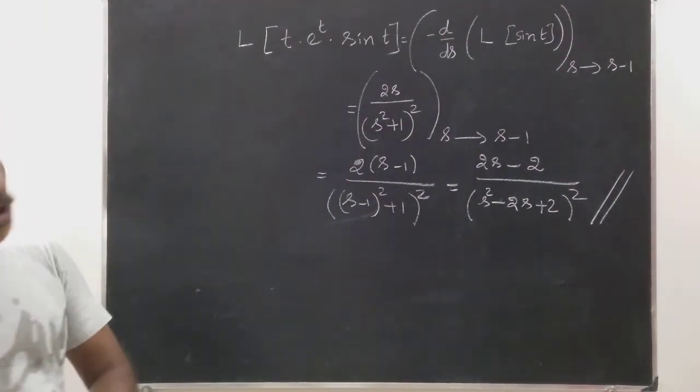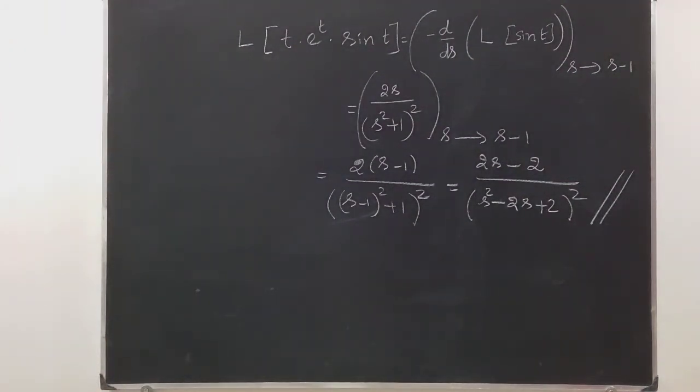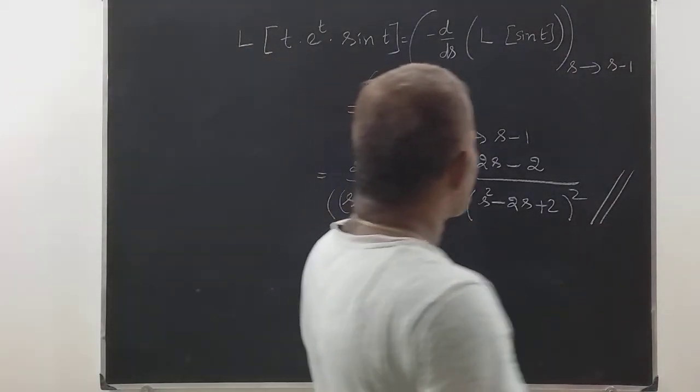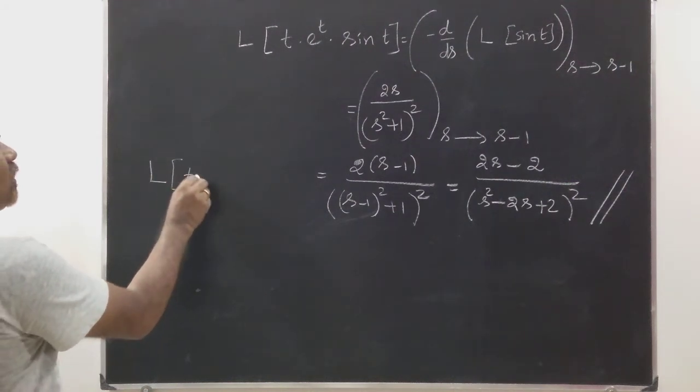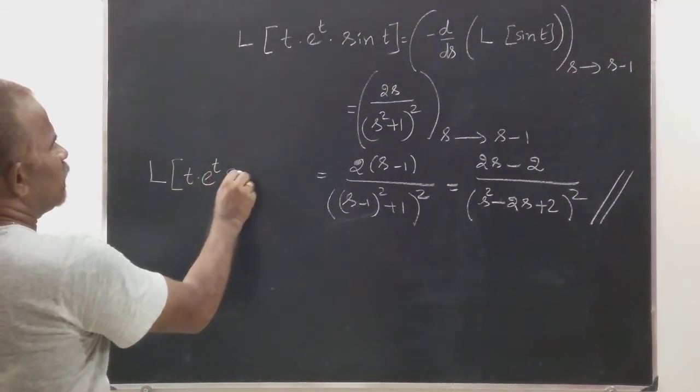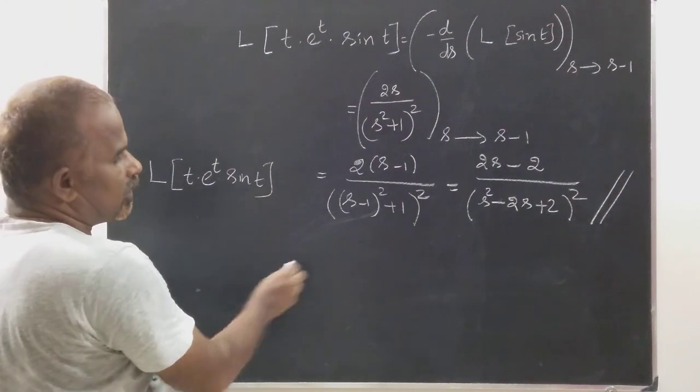Okay, so therefore 2s minus 2 divided by (s squared minus 2s plus 2) the whole square is our required Laplace transformation of t into e power t into sin t. Okay, thank you.